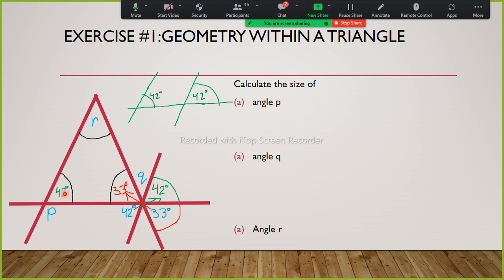So we're gonna add 42 and 33 together to give us that answer that we're gonna subtract from 180 to get 105. Okay. So how are we gonna get R again? One more time, Jason. 180 subtracted by 42 and 33. Good. And that gives you what?